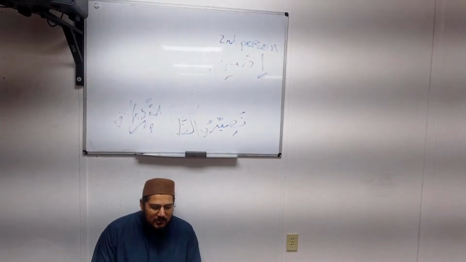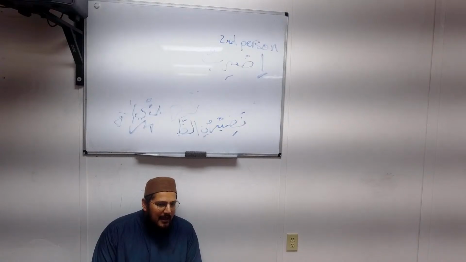So waylun, if you look in the parentheses, it's used with the word laka. Now that basically means that if you want to curse someone, you don't say waylun zaydun. You say waylun li zayd. You see how they use li? Waylun laka, for example, means woe unto you. How would I say woe unto him? Waylun lahu. How would I say woe to her?